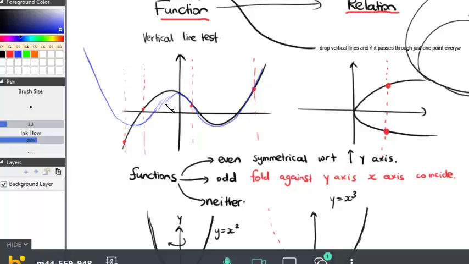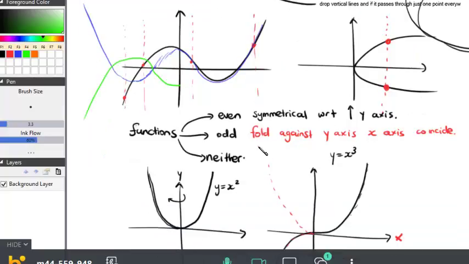So that's reflected. But if you reflect this against the x-axis again, then it will become kind of like this, and like that. Of course, that doesn't match the black, so that's not even, not odd.